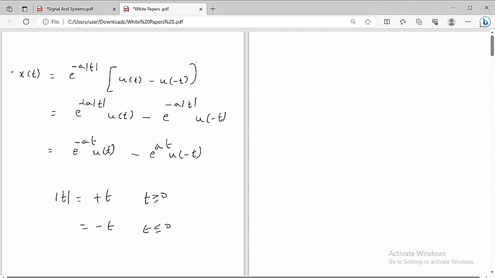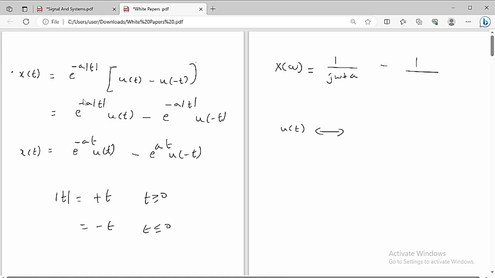Now I want to find X of omega. X of omega is e to the power of minus a t into u of t, whose Fourier transform is 1 by j omega plus a, minus the transform of e to the power of a t into u of minus t. So for u of t, what is the Fourier transform?